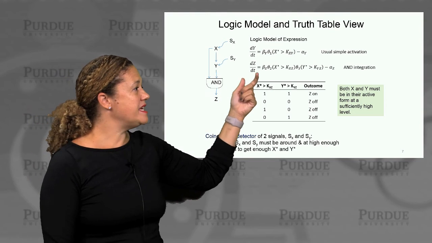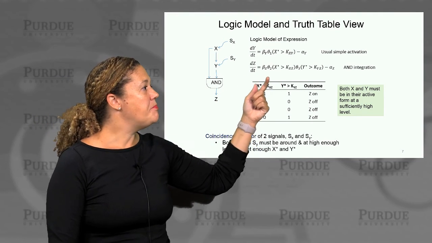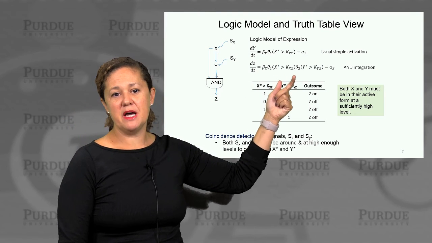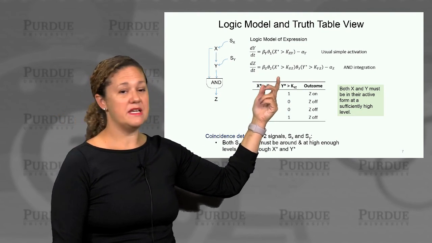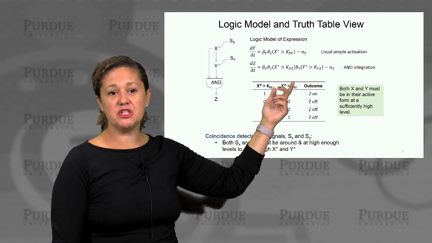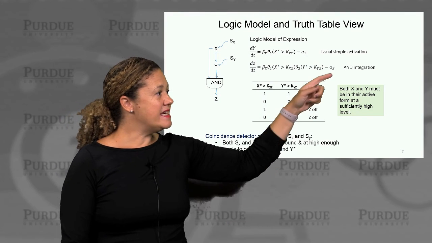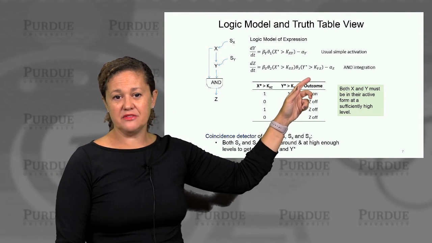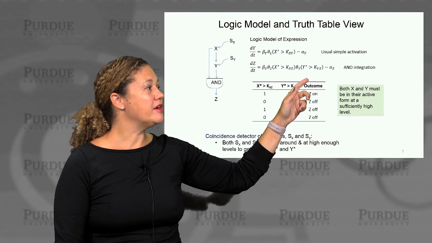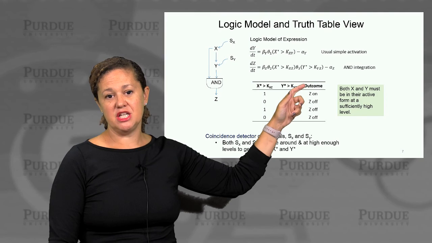Now for our Z, in order to represent our AND integration, both of these test statements must be true. Our active level of X must be greater than a threshold value in order to activate Z, and our Y star, our active form of Y, must be greater than its threshold for activation at the Z gene.